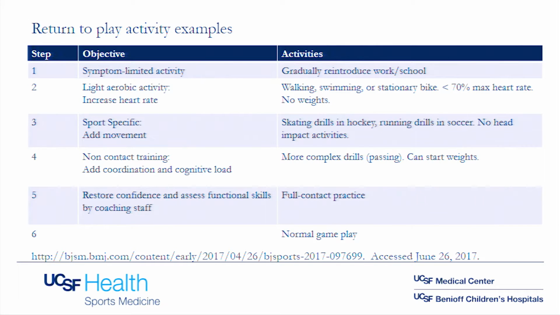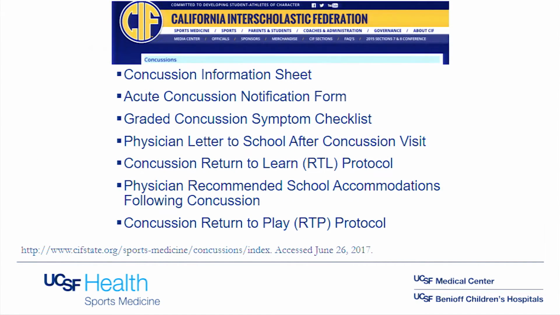So it's really just building back up the confidence to play in a game. Again, I'll refer you to the California Interscholastic Federation website, which also has really good tools around returning to play, handouts for your student athletes.